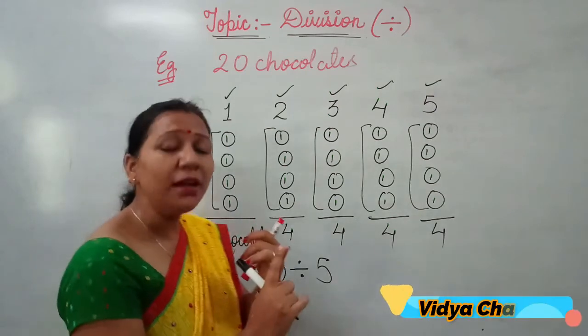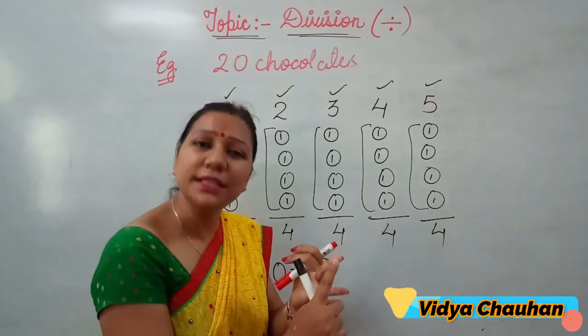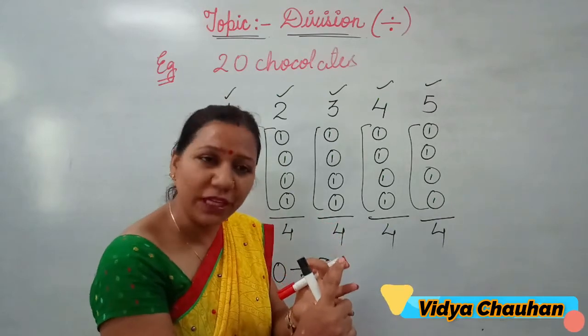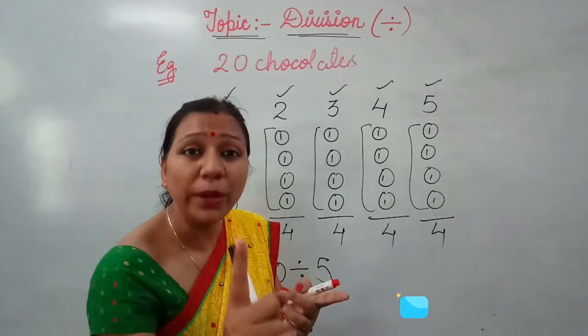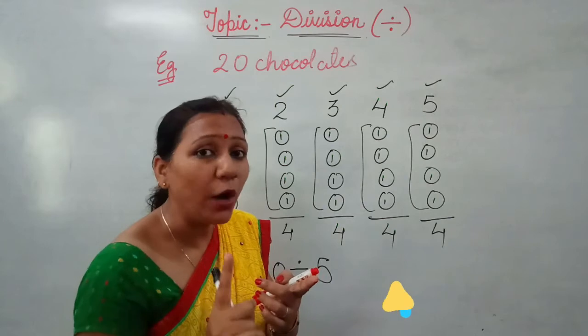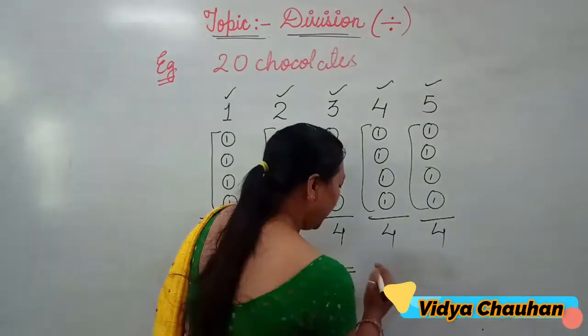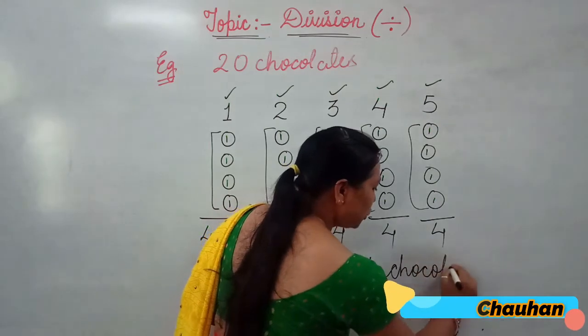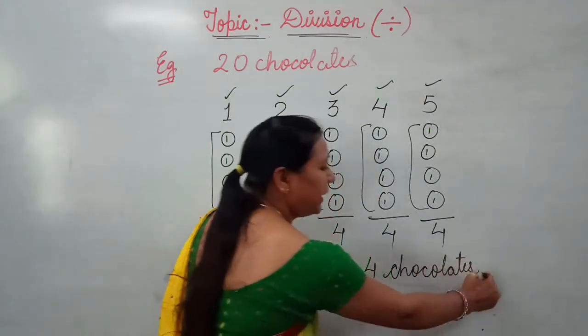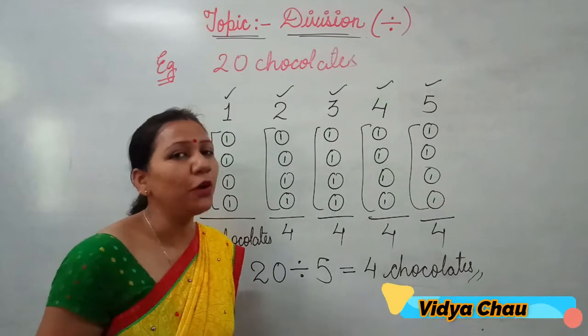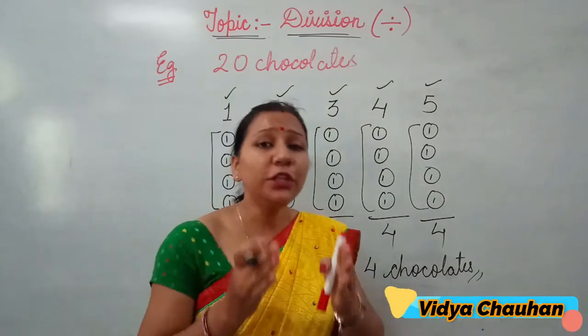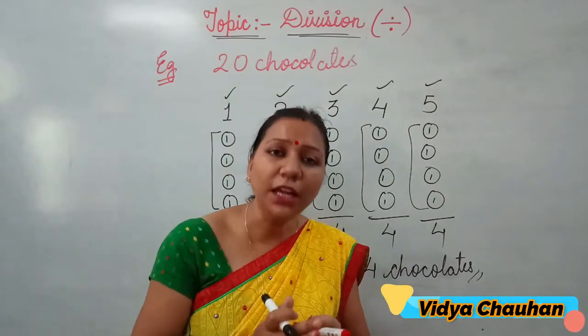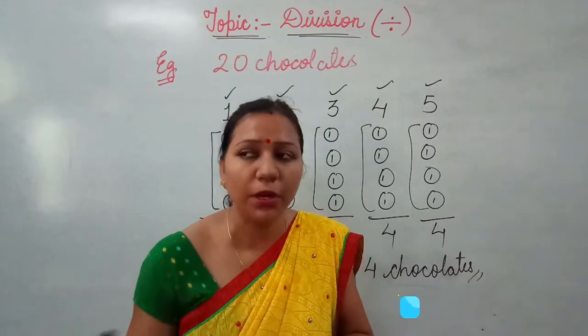So 5 ones are 5, 5 twos are 10, 5 threes are 15, and 5 fours are 20. Got 20? How many times? 4 times. Hence, each child will get 4 chocolates. Right children? So this is our concept of division, in which we share things equally among a number of people.